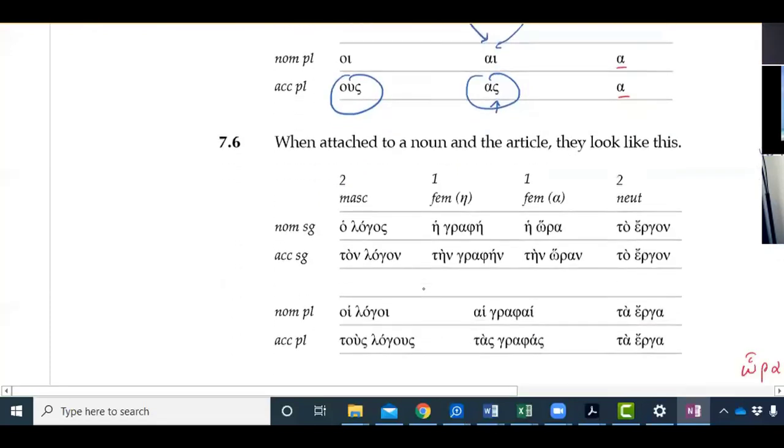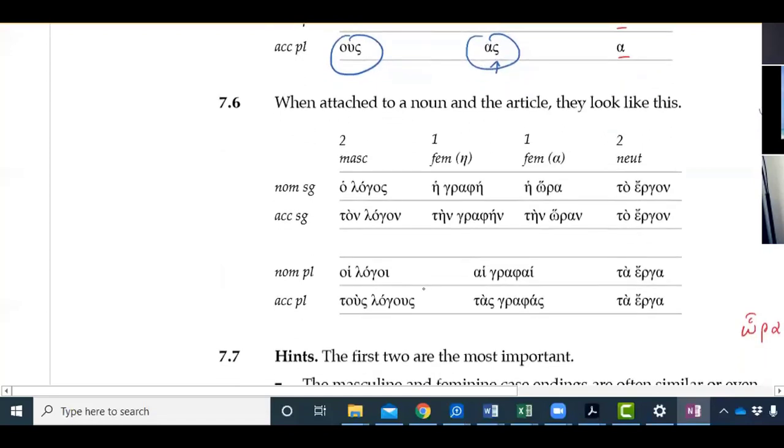Now, let's just see how this looks when we add the rest of the noun to the noun stem vowel and the case ending. And again, we're using the same forms. So everybody, ὁ λόγος. So these are nominative forms. ἡ γραφή. ἡ χώρα. τὸ ἔργον. With the accusative singular form, τὸν λόγον. τὴν γραφήν. τὴν χώραν. τὸ ἔργον.